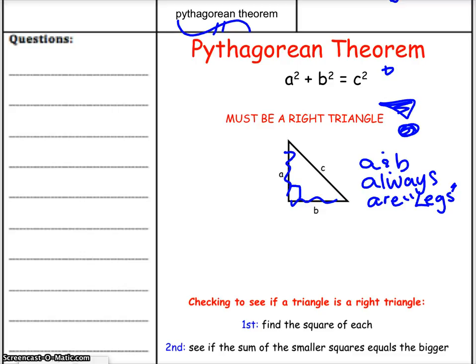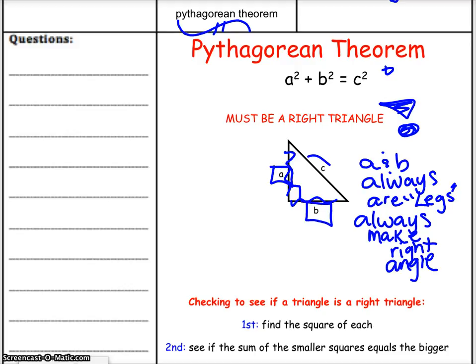They make the right triangle. So A and B are always the legs, and they always make the right angle. So then this A squared plus B squared will equal C squared.